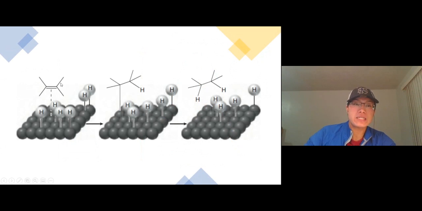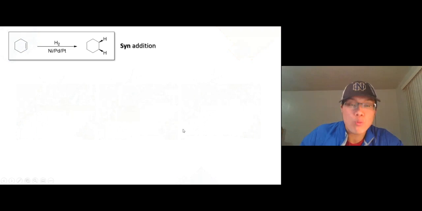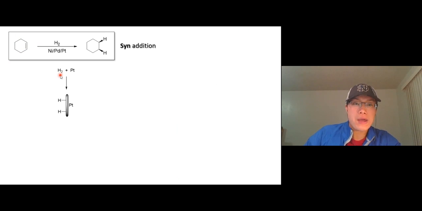The reason is that the alkene interacts with the surface of the platinum, or of the catalyst, palladium or nickel. They can get on one side, and the hydrogen gets added on the same side right there. Maybe watch it in action. So hydrogen and the catalyst, pick one of these, interact, so they pull the hydrogen apart.